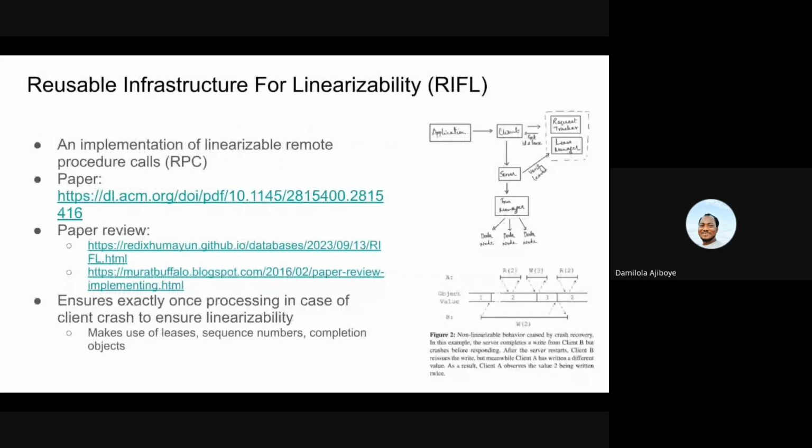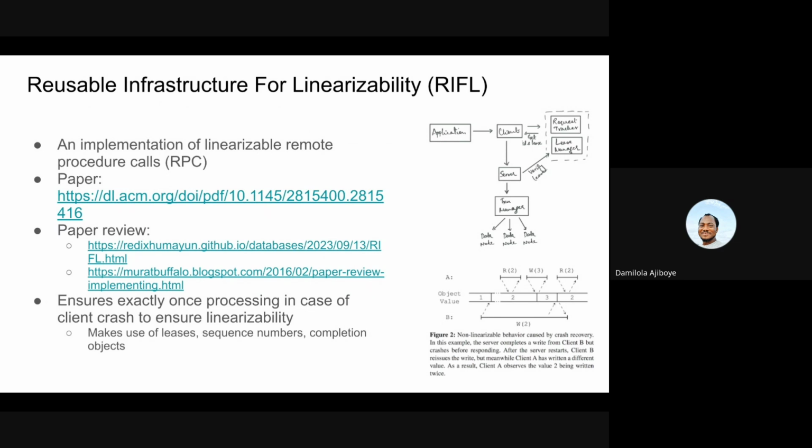Yeah, so let's look at RIFL. This is one implementation of a linearizable remote procedure call. I won't go into much detail, but this is one example of an implementation. I've shared links to some blogs that I read that were really helpful.